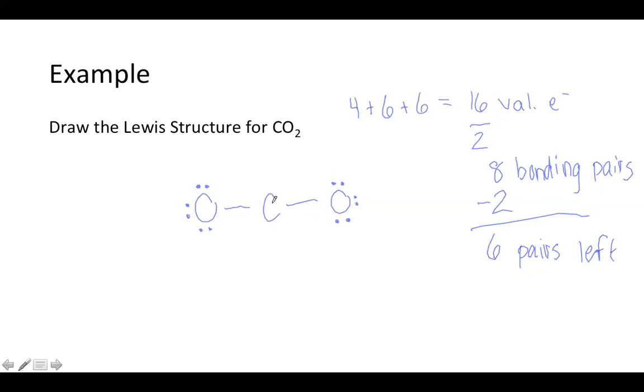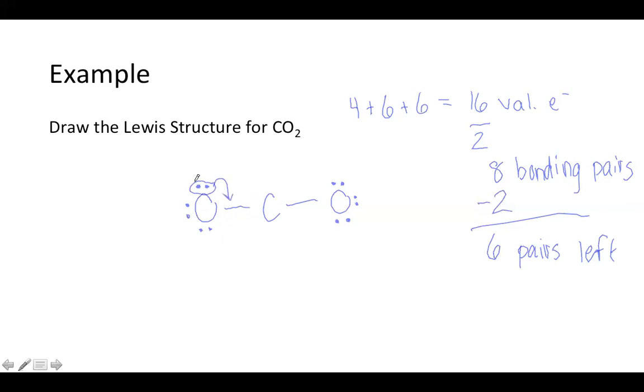So now we have to check the central one. Carbon has 2, 4. It wants 8. But if we look at both of its neighbors, the left oxygen and the right oxygen both have lone pairs and they're both satisfied. So how about we make them give up a lone pair and make a double bond.